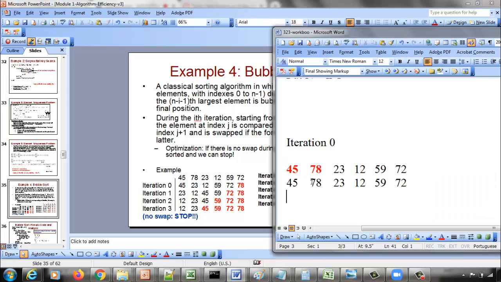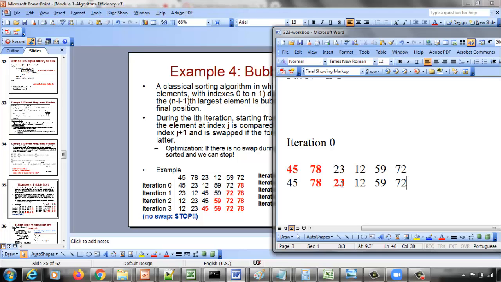Now with the same array, compare the next two elements, which are 78 and 23. When you compare 78 and 23, we see the left element, 78, is not less than or equal to 23, the right side element.